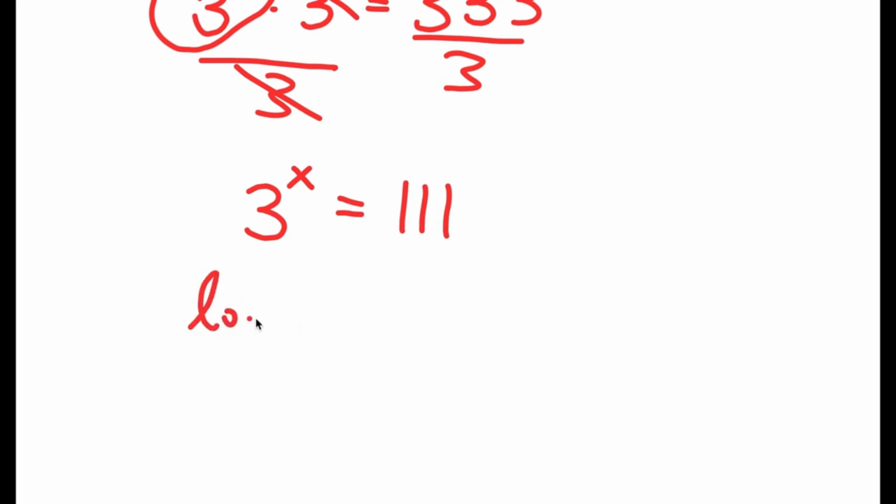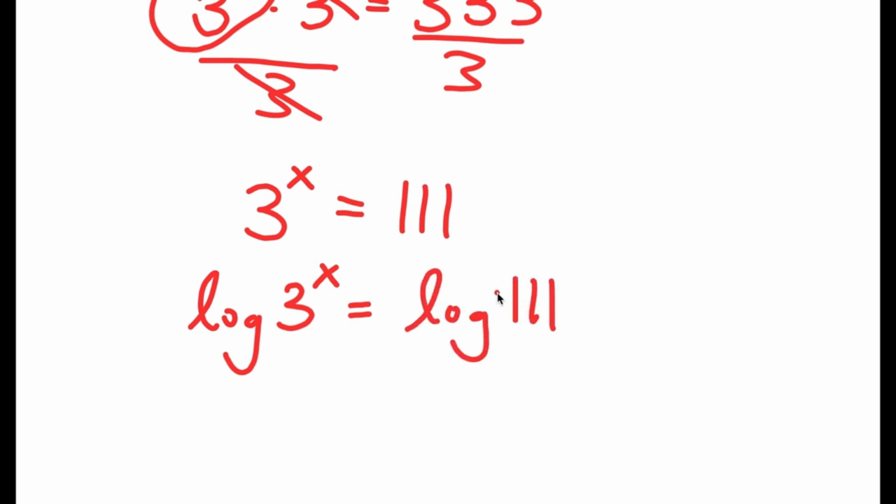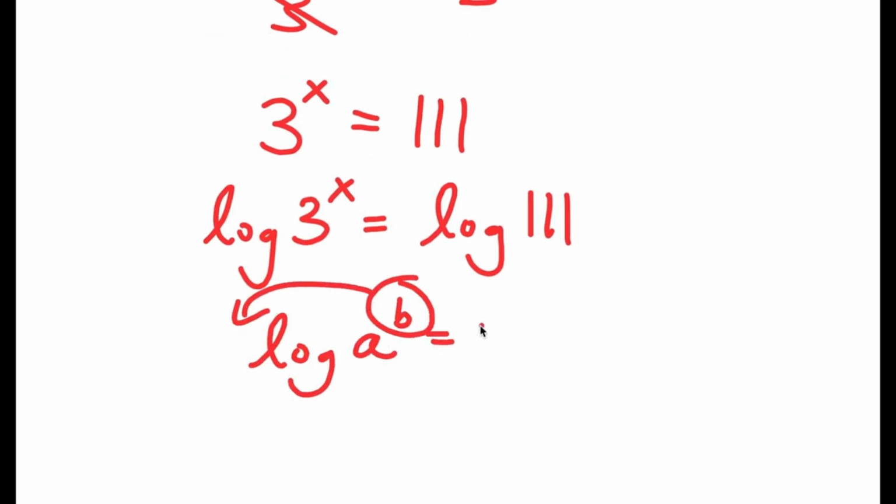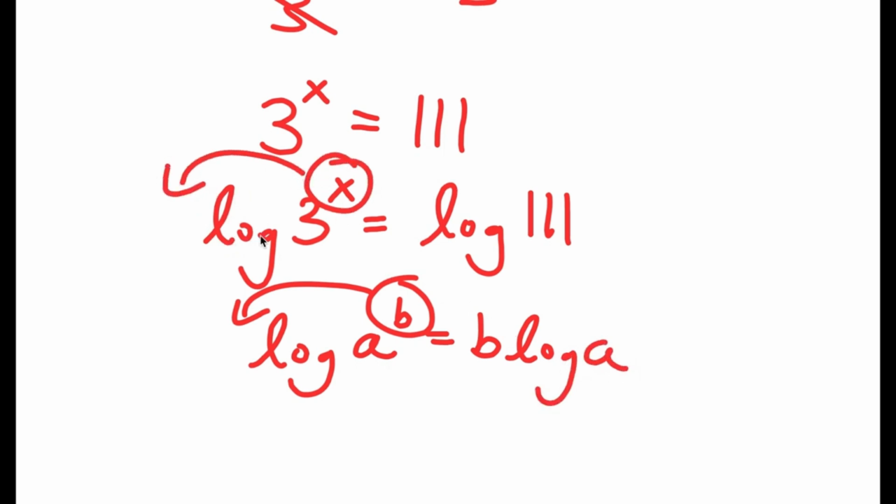Now, if I take the log on both sides, I get log 3 to the power of x is equal to log 111. Now, if I have something in the form log a to the power of b, I can move this exponent b to the front. So it's going to equal b times log a. So in this case, I have log 3 to the power of x, and I can move x to the front.